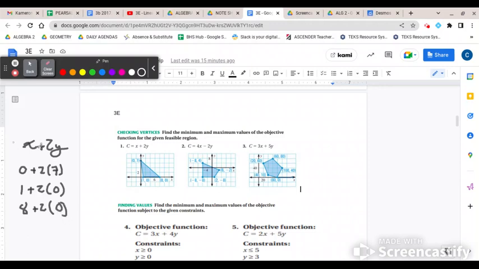Plugging that into our objective function, which is x plus 2y: 0 plus 2 times 7 is 14. 1 plus 2 times 0 is 1. 8 plus 2 times 0 is 8. So 0, 7 gives us 14, which will give us our max. And then 1, 0 gives us 1, so that'll give us our minimum.